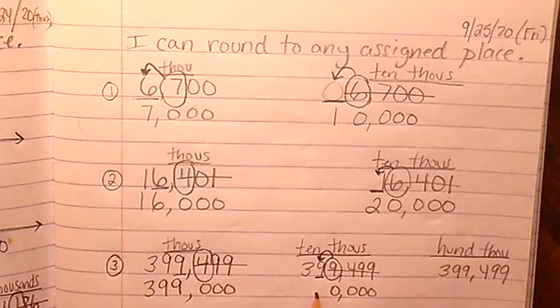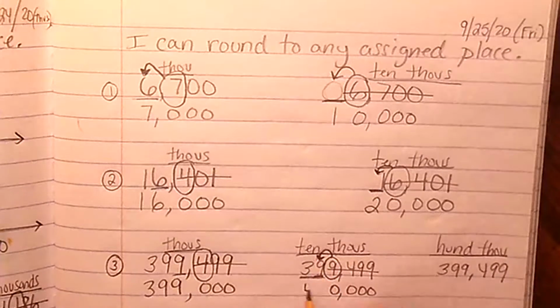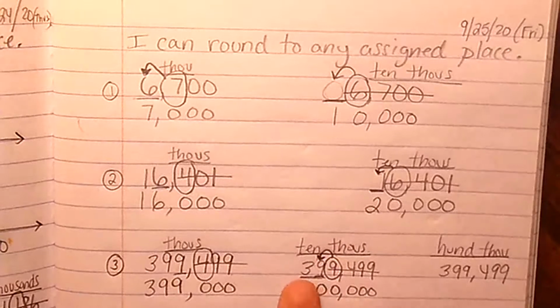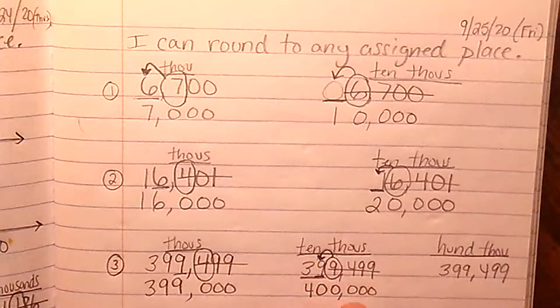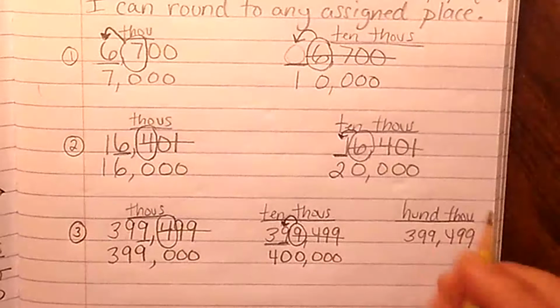We can only have one digit in each place. So let's look at it like it's 39. If I have 39 and I get one more person, how many do I have? 40 is right. So now 399,499 rounds to 400,000.